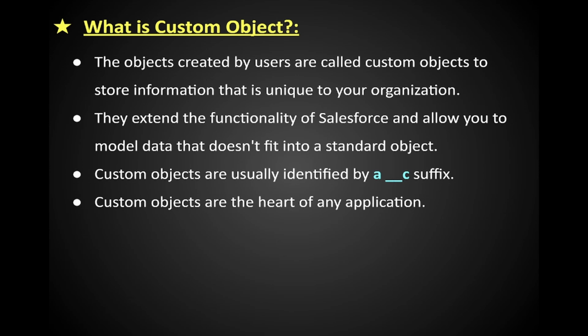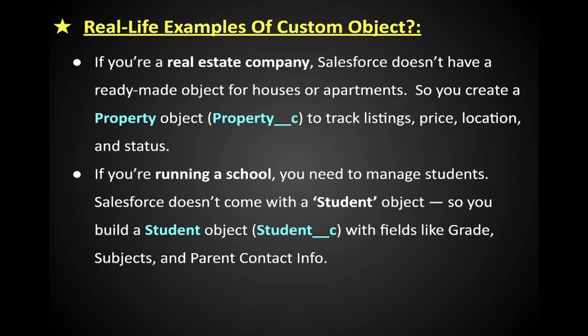So don't be confused about standard object and custom object. A standard object is already there in Salesforce, and a custom object you create as per your business requirement. We have a few more real-time examples. If you are a real estate company, Salesforce doesn't have ready-made objects for houses or apartments, because you want to keep information of houses and apartments.